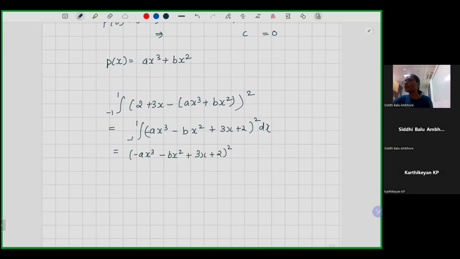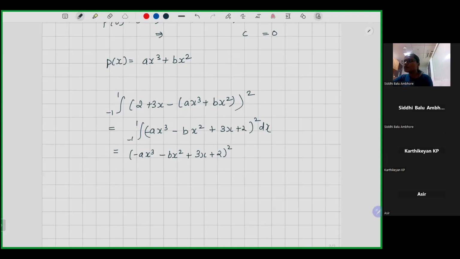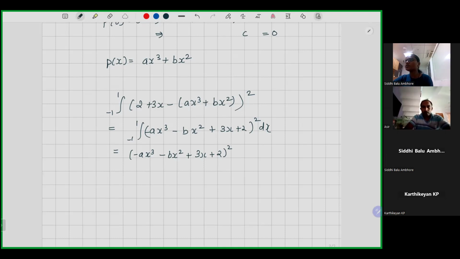But what they have given is that this is as small as possible. So I think we have to talk about the Cauchy-Schwarz inequality for this. So let us check that first.